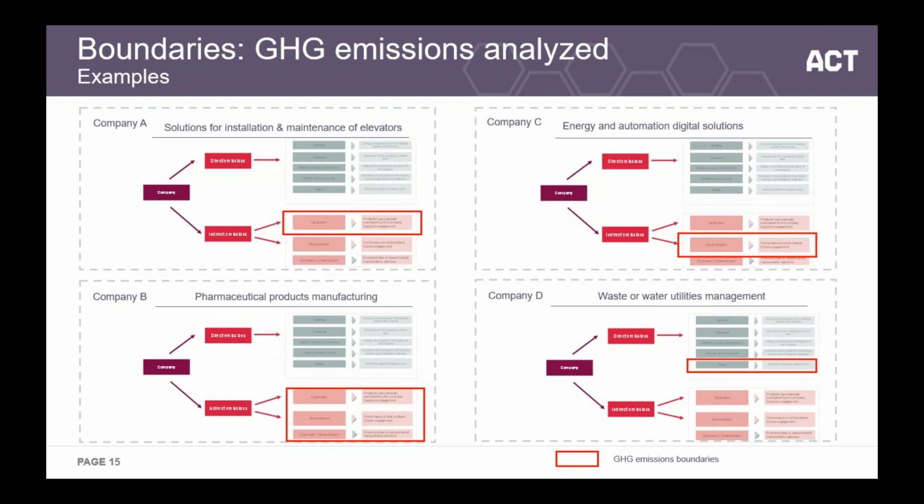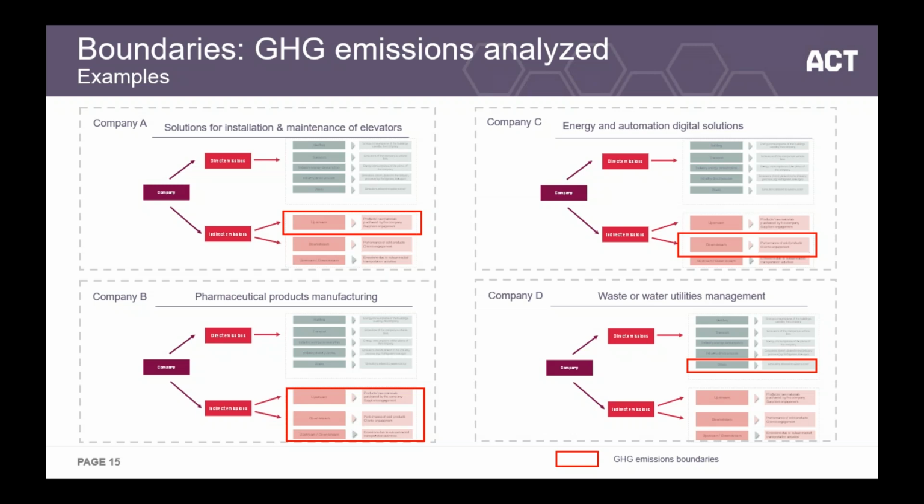If we consider a company B, which is a pharmaceutical product manufacturer, there is an issue on product purchase, but also on the use of the product, and maybe on the transport. So we need to cover both indirect emissions, with upstream and downstream parts.